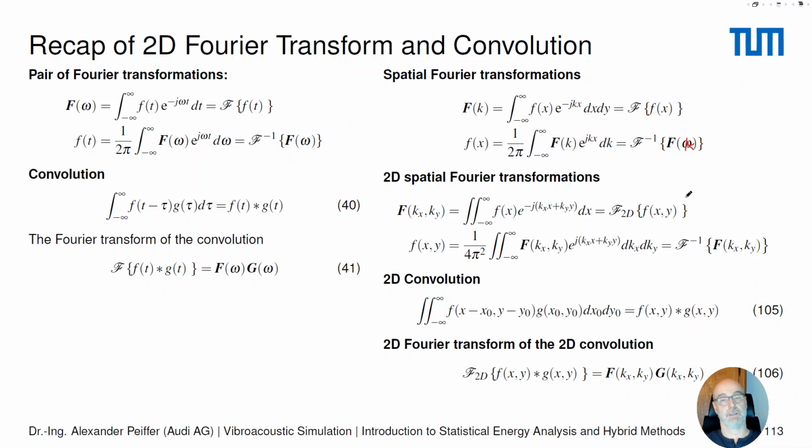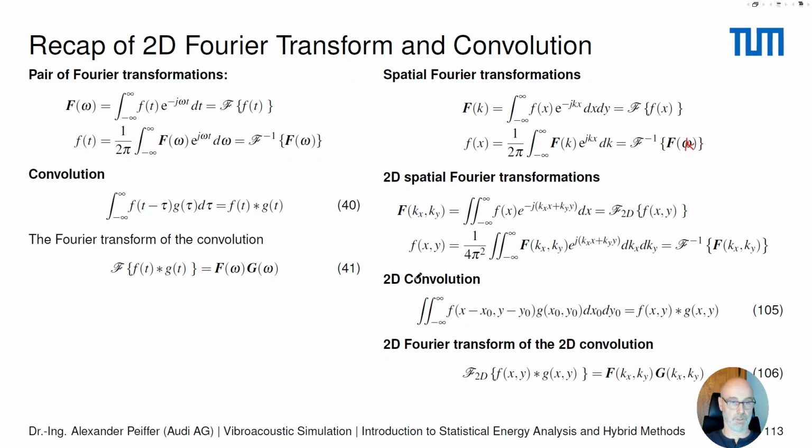That means we have the function in space, x and y, converted into a Fourier transform on two-dimensional wave number space. And again, the back transformation can also be done by a simple formula. The only thing that changes here is that this normalization factor is squared compared to the single space or time version.